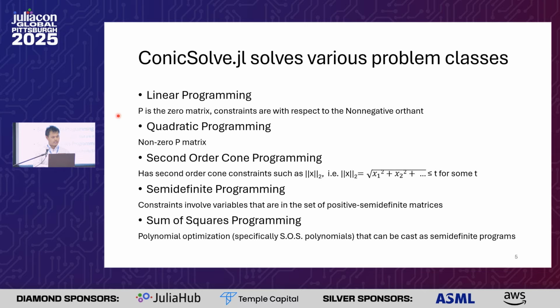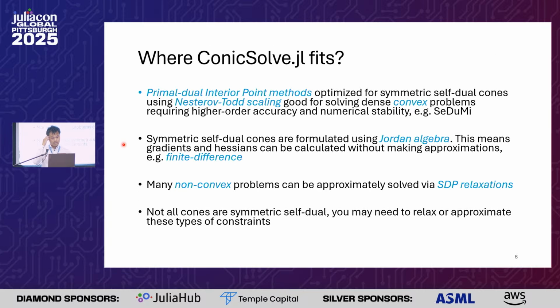This slide is just summarizing what I've described. The key message here is that manipulating those matrices and vectors allows you to express these different problems. ConicSolve is written purely in Julia. I know there are a lot of different optimization solvers already written in Julia, but what makes ConicSolve slightly different is that it employs Nesterov-Todd scaling, and it focuses on what are called symmetric self-dual cones.